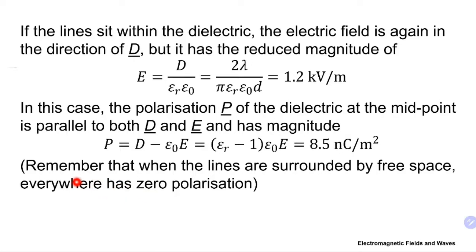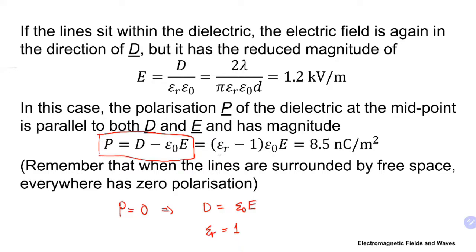Okay, right at the bottom here, there's a sentence saying, remember that when the lines are surrounded by free space, everywhere has zero polarization. What that means is, if you look at these equations, polarization is equal to 0. Therefore, we have D equal to epsilon naught E, and that is the case when we have free space, or in other words, epsilon r is equal to 1.